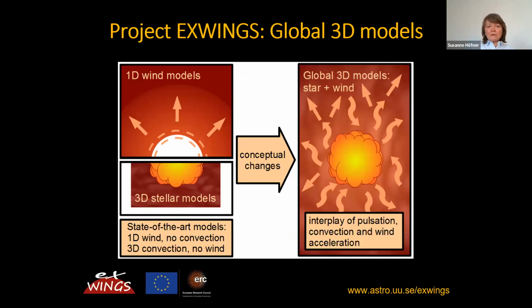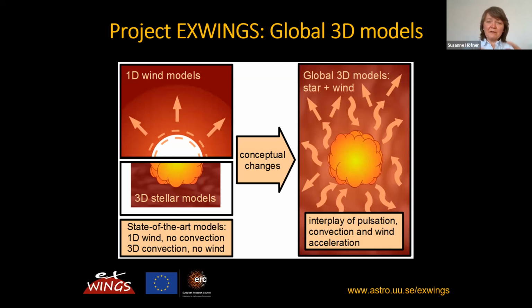So what I have shown you so far in terms of models is 1D wind models and 3D models of the stellar interior and the inner atmosphere. What we have been doing recently is make a transition from these two types of classical models to global modeling of the star and the wind.